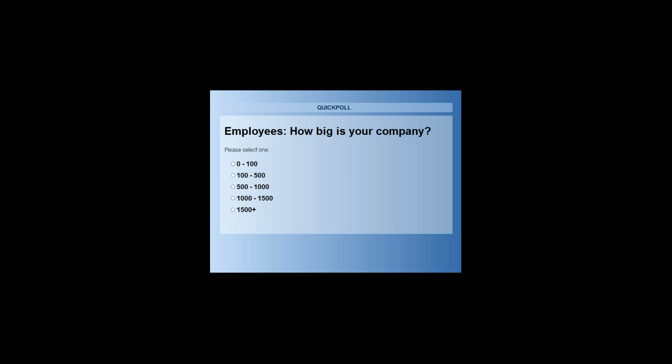So far we have about 50% of you who have voted. It does look like we have a pretty widespread audience. 70% have voted so far. Let's see if we can get to 80% voting here. Okay, almost to 80%. We do have a pretty widespread audience today, which is wonderful to see.